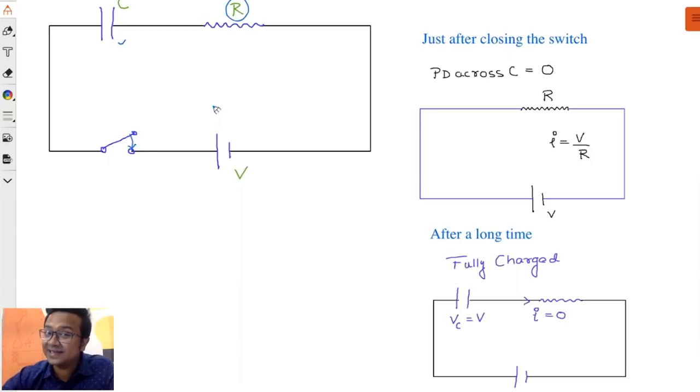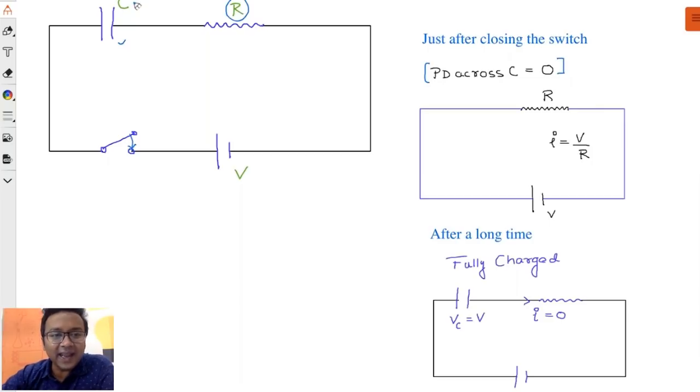Now, there are two instances that we need to look at. All right, students, what are the two instances? The first instance, that is just after closing the switch. What is happening just after closing the switch? At that instant, the charges have not yet developed across the capacitor. Now, if charges have not developed across the capacitor, then the potential difference across the capacitor is equal to 0.